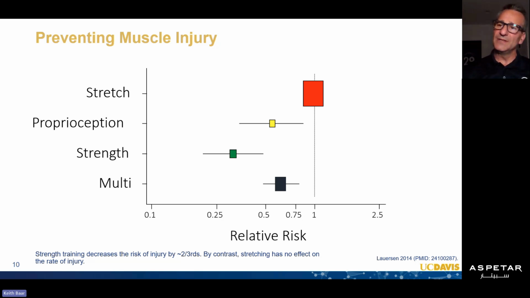The reason that heavy strength training decreases muscle injuries especially is because we pull muscles when the tendon is stiffer than the muscle is strong. And so what we do with strength training is we get a little bit more sliding at the myotendinous junction. We get a slight decrease in the stiffness of the muscle end of the tendon, and we get a stronger muscle. So we have a strong muscle and a little bit less stiffness at the muscle end of the tendon.